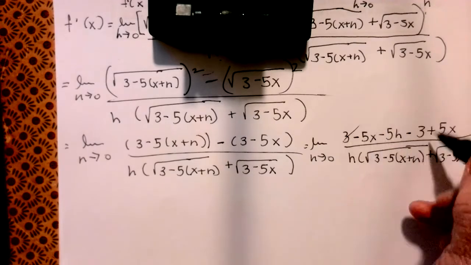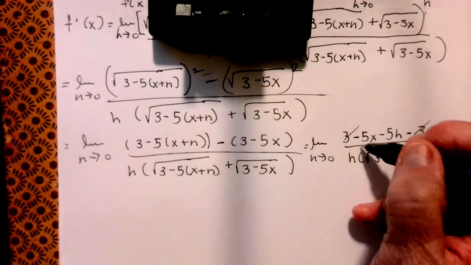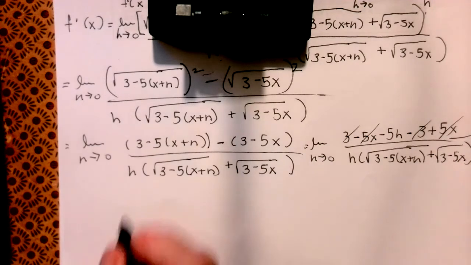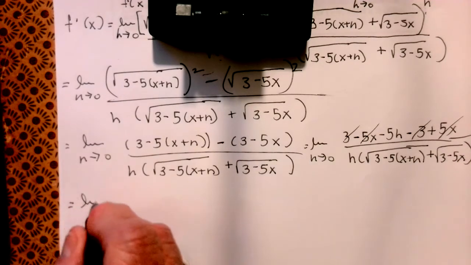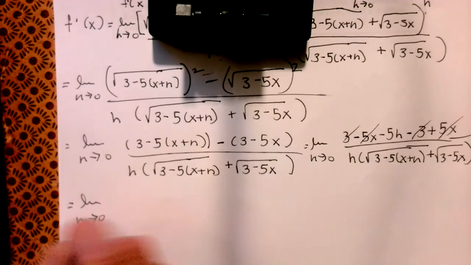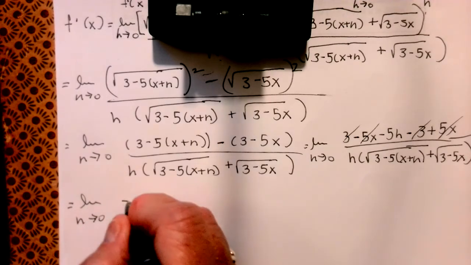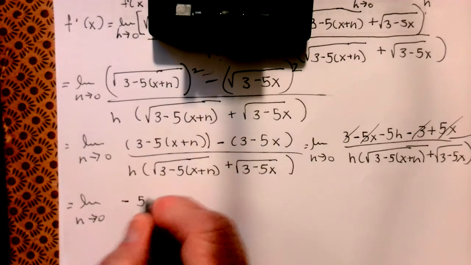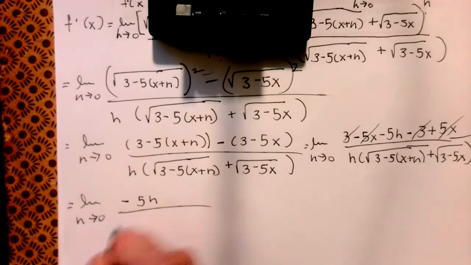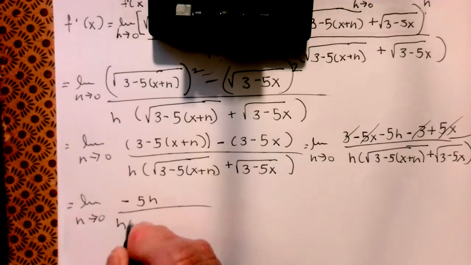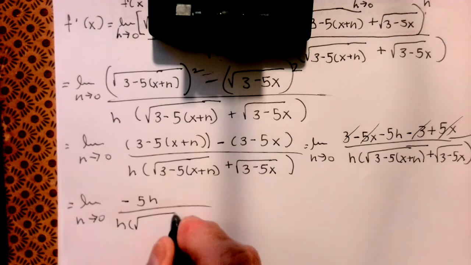My 3 is going to cancel with my minus 3, my minus 5x with my plus 5x. So I have the limit as h goes to 0, and I've got the minus 5h over the stuff in the denominator. And we see that we're going to be able to cancel the h now.